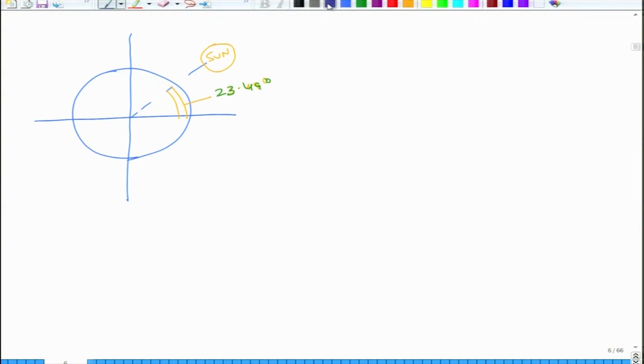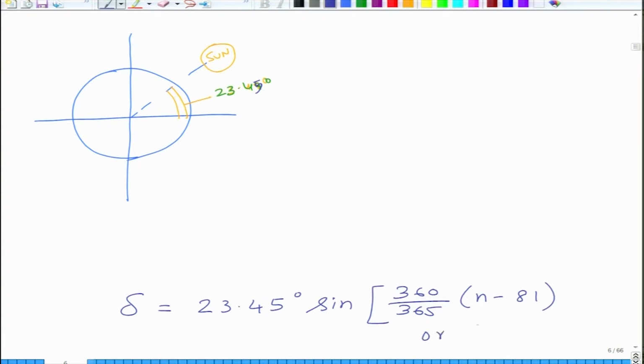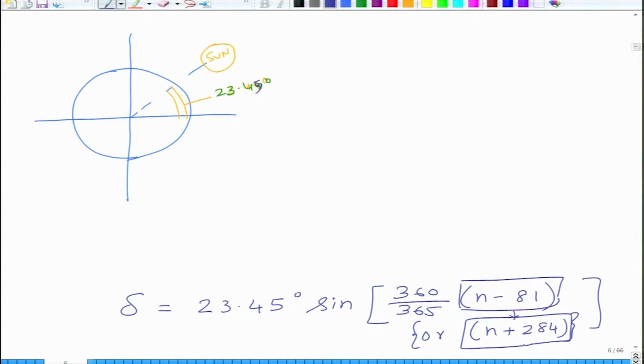The way this declination angle is worked out, delta is equal to 23.45 degrees into sine of 360 divided by 365 into n minus 81, or you can also write it as n plus 284, because if you sum them up, it is nothing but 365. So this is the expression, and you can substitute n minus 81 by n plus 284 to get the same value.